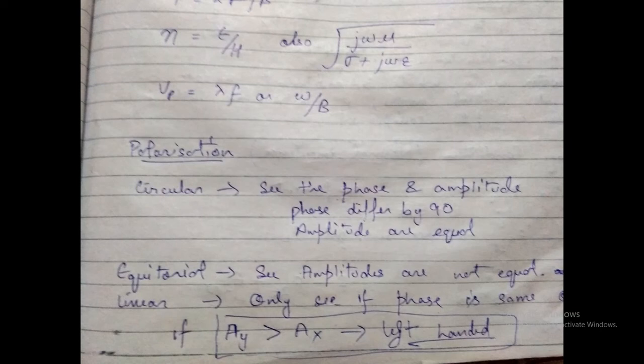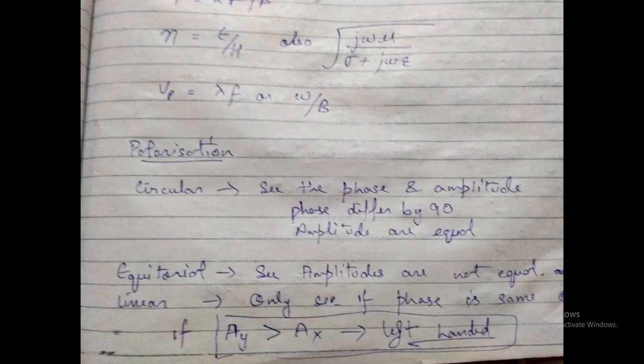So then we need to see the phase, which should differ by 90 degrees, then it will be circular or elliptical.